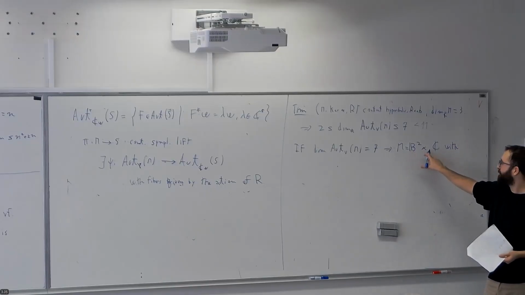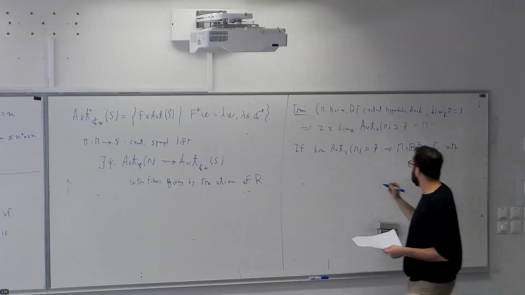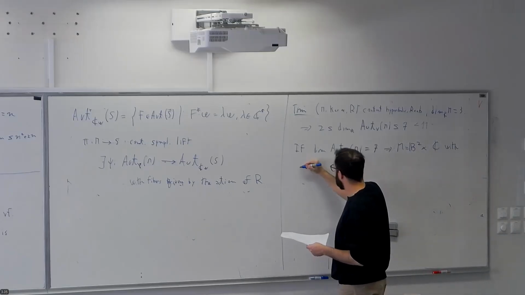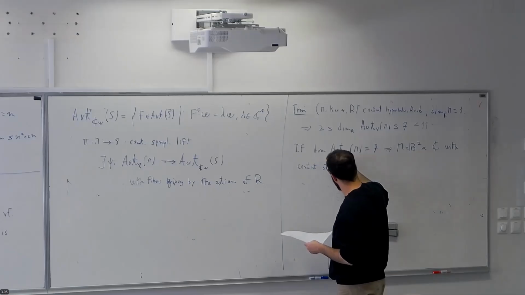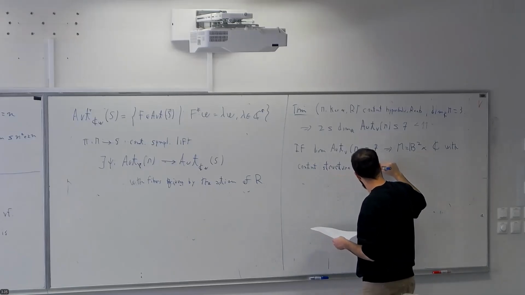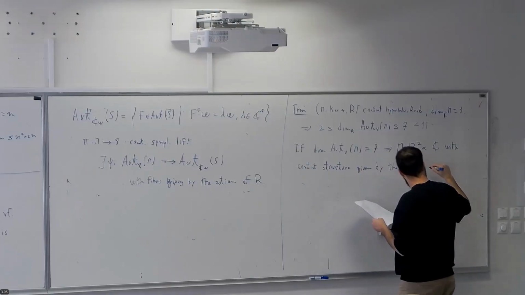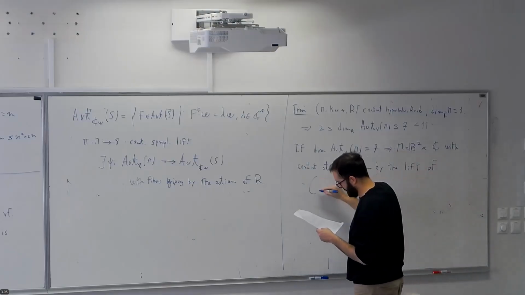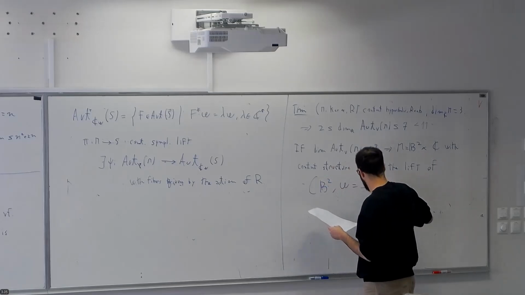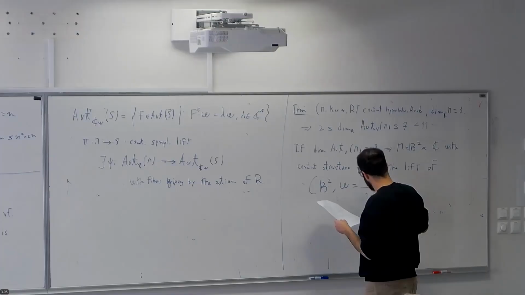I mean, the only lift of the ball is C itself, with contact structure given by the lift of the ball with omega, not the standard form, but this one.